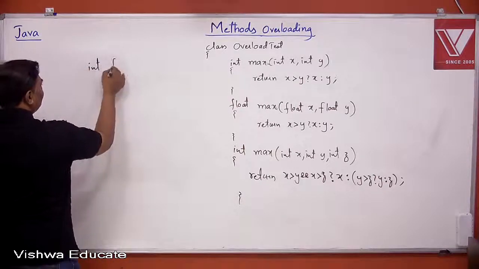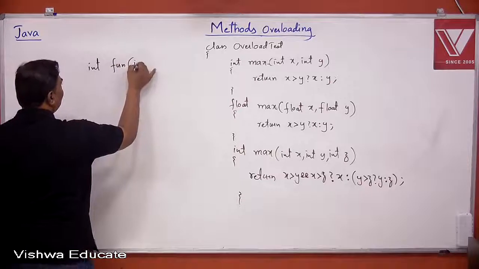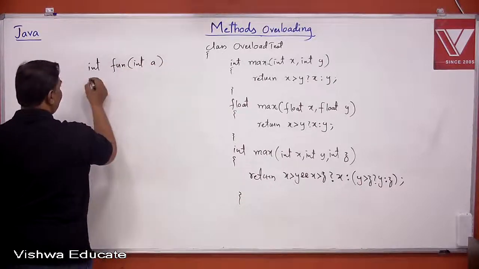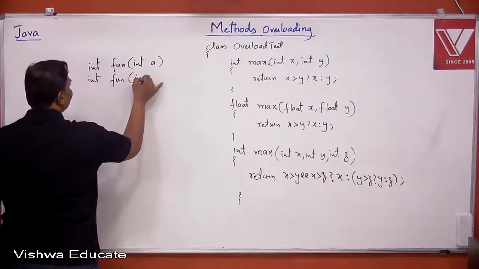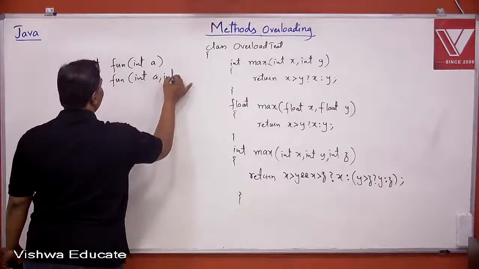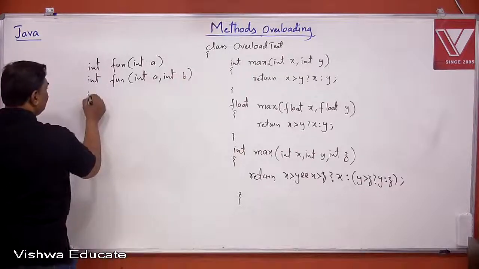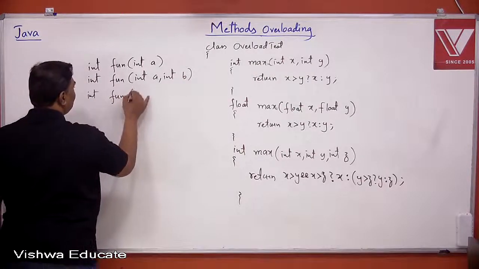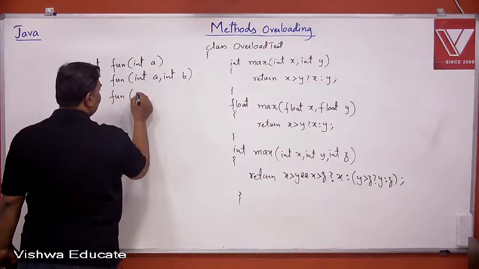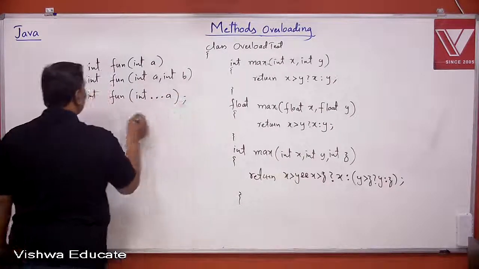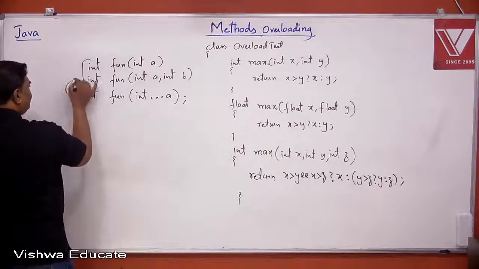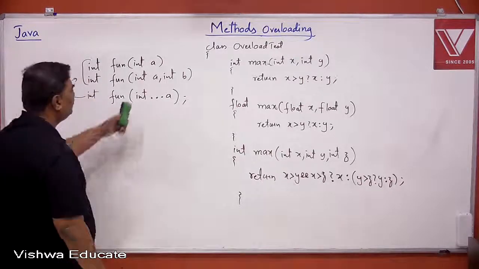This will not be overloaded if you write fun with integer a and fun with integer a and integer b and fun with int a. This is having a conflict with both of these. Take it quickly.